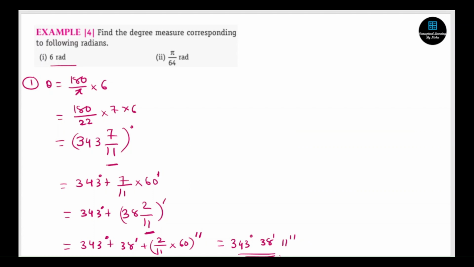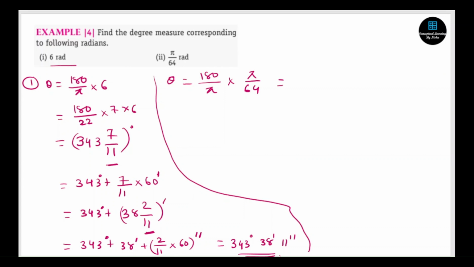Alright, same way you can convert this 5 pi over 64 radian into degrees. So let's do it quickly. Theta is equal to 180 over, here we'll just write pi over 64 because pi will get cancelled out. So I'll just write 180 over 64, which is nothing but 45 over 16 degrees.